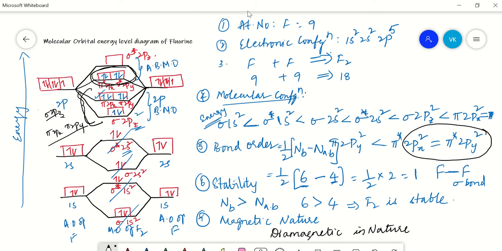So this is the difference between nitrogen and oxygen and fluorine. Oxygen and fluorine have the same arrangement, only the filling up of electrons is different, right? These are the important points when you want to write about fluorine.